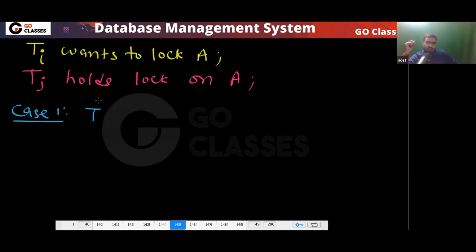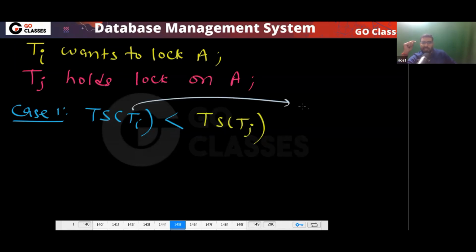If the timestamp of Ti says Ti is old, correct? It simply means that Ti, the one who wants the lock, is old. So this Ti is an old transaction and it wants a lock on A.